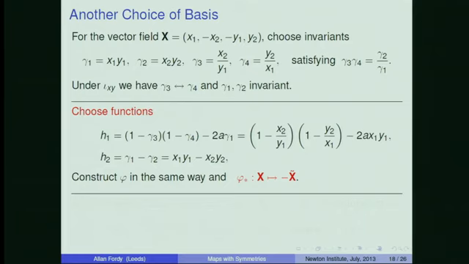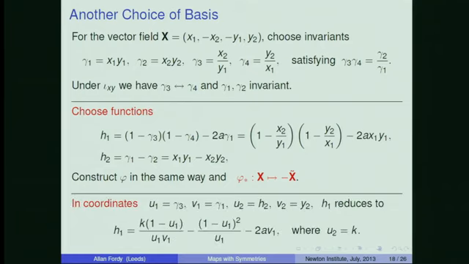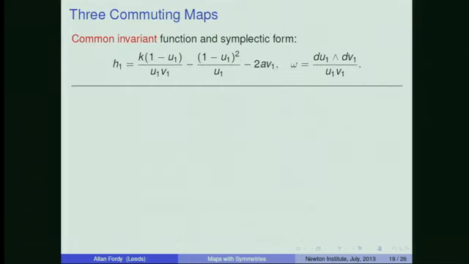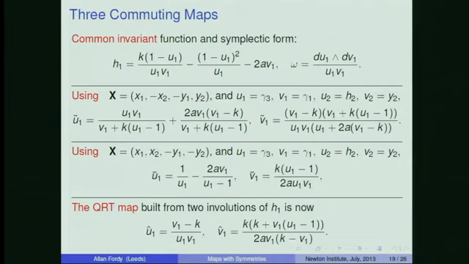But the same procedure still works, and now you reduce to this Hamiltonian, say. And if you do that with 2 different vector fields, then you can produce 2 commuting maps. But as it happens, this time, you produce 2 commuting maps this way, but neither of them is the QRT map which you would obtain if you just started with this. So you get a 3rd one.